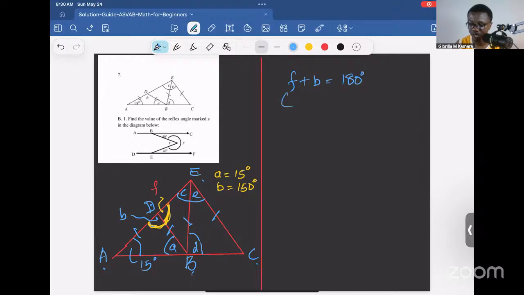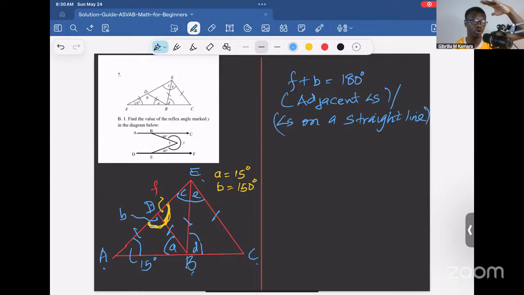Why? They are adjacent angles. Okay. Or you say sum of angles on a straight line. So for geometry, you always try to give a reason. Okay? You always try to give a reason. So therefore, but we know what B is already.